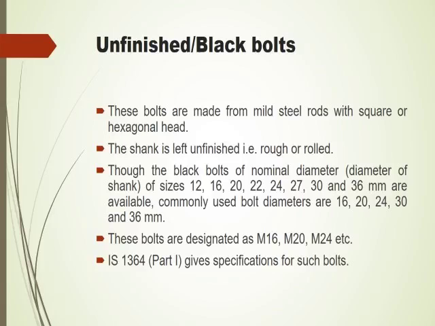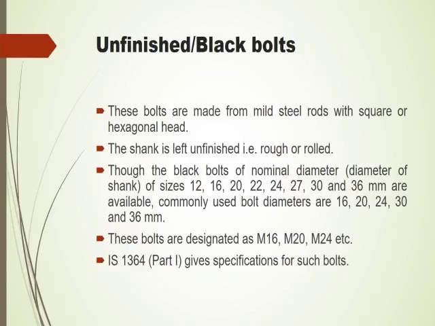Coming to unfinished or black bolts, these bolts are made from mild steel rods, which are square or hexagonal in head. The shank is left unfinished. That is, it may be left unfinished by keeping it as the rough one, or it may be rolled.